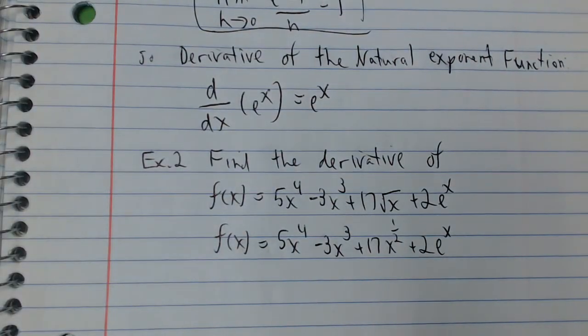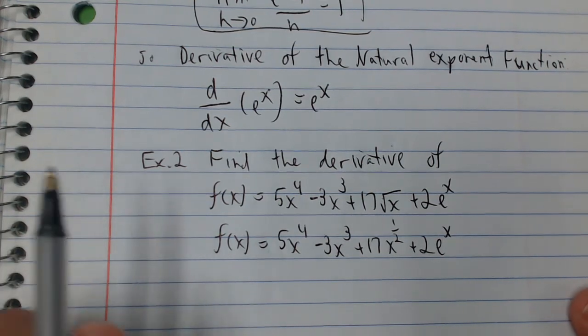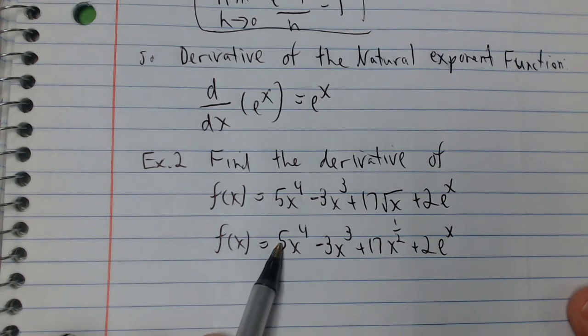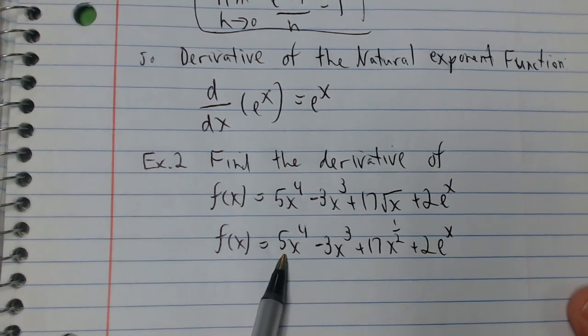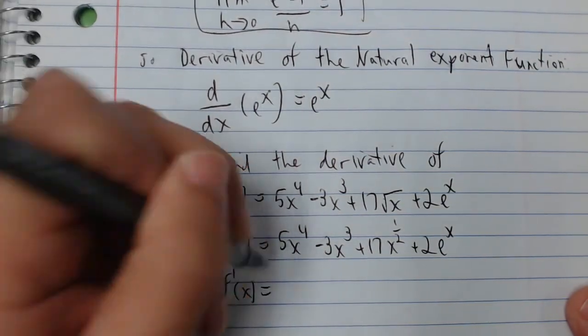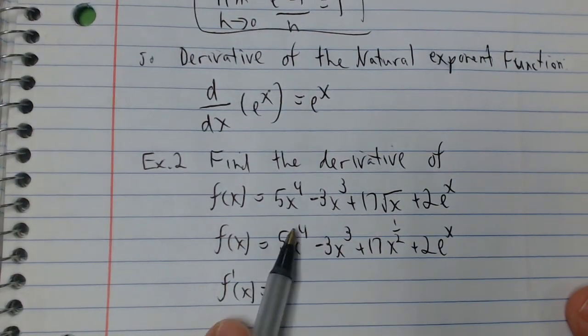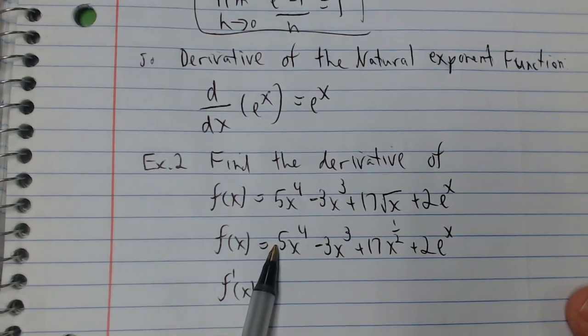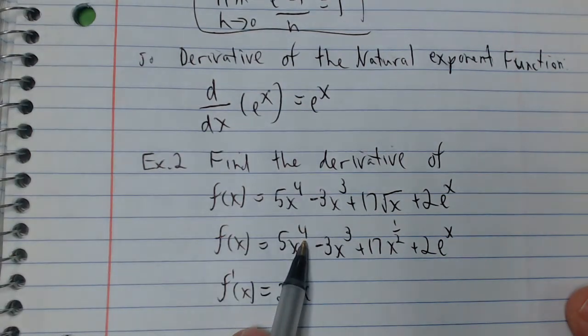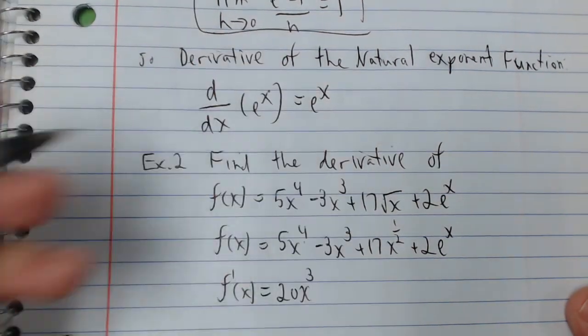Okay, so now let's find the derivatives. Remember, the constants are just tagging along, so I don't really care much for the constants. When I use the power rule, whenever I bring this 4 down, I multiply it by the 5. So f prime of x will be 4 times 5, which makes it 20x, and don't forget to subtract 1 from the 4, which gives me cubed.